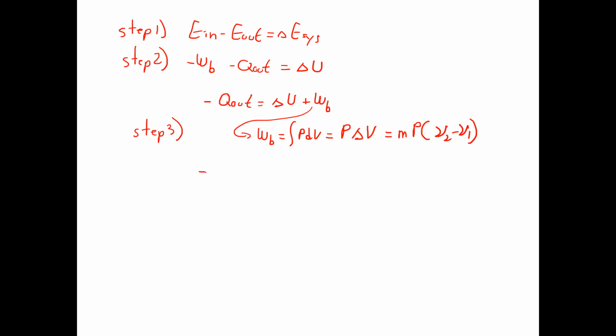So then my first law expands to become, if I want to quantify my change in internal energy, mass times the change in specific internal energy, because it's a closed system, therefore the mass is constant, therefore I can factor out the mass, plus mass times pressure times change in specific volume.